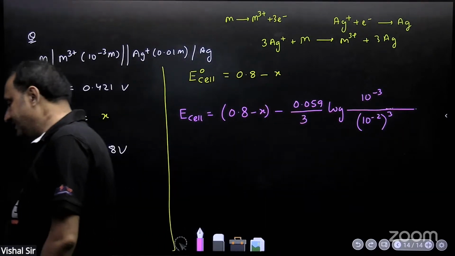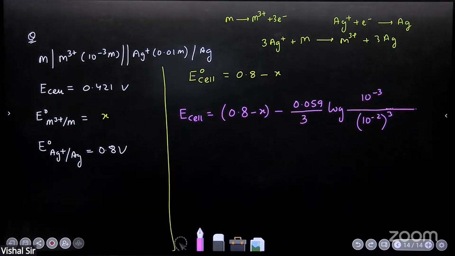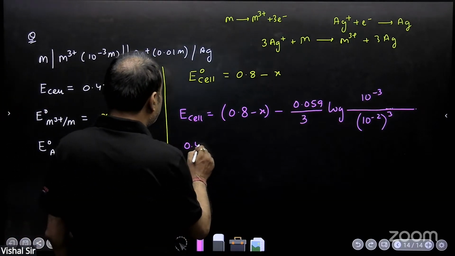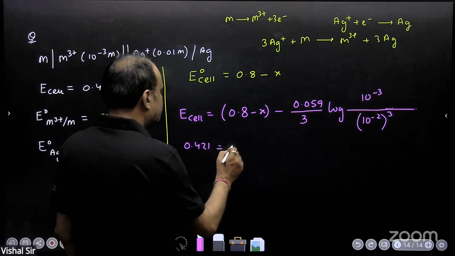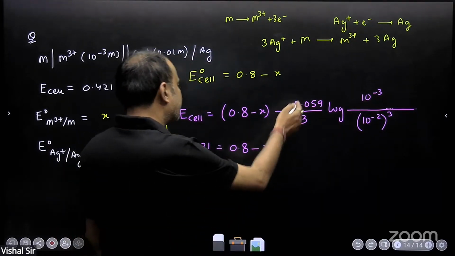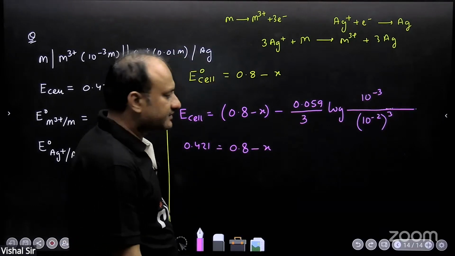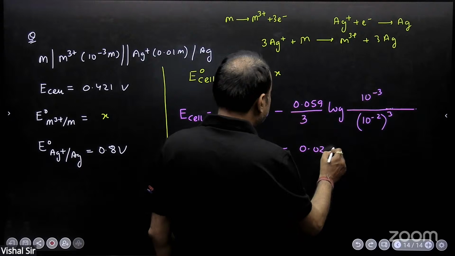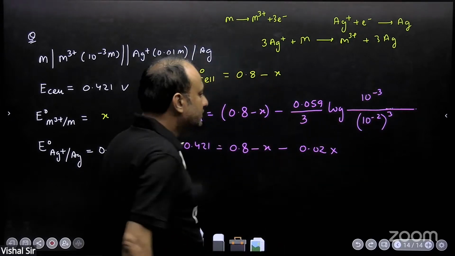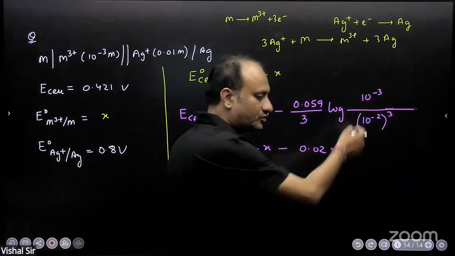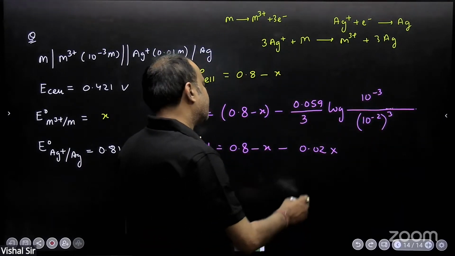And what is E cell given to us already? E cell is given to us 0.421. So 0.421 is 0.8 minus X. Let's take this around 0.06 by 3, so 0.02, into this overall will become 10 raised to minus 6, so 10 raised to plus 3 ka log.